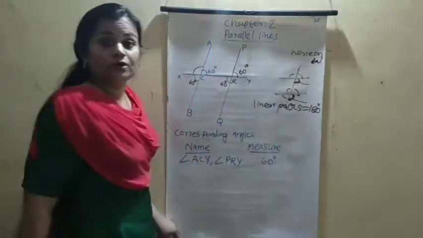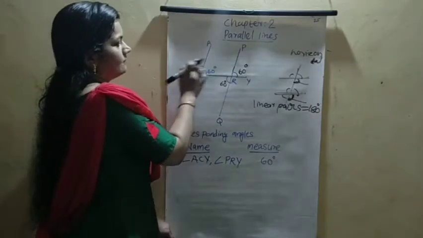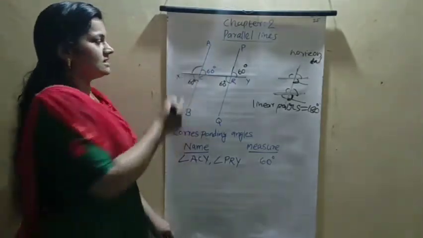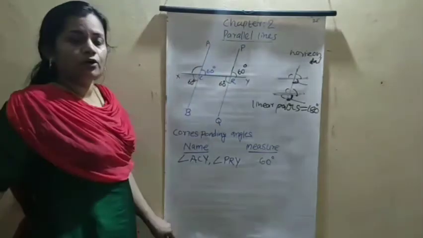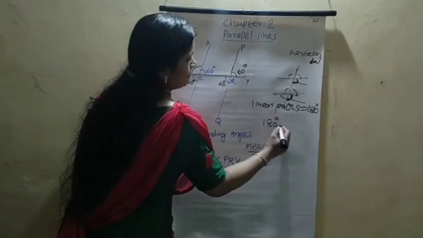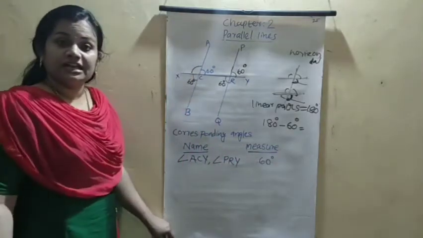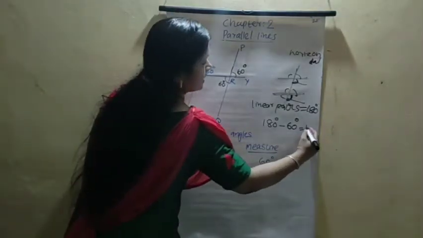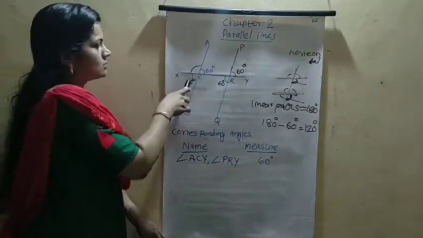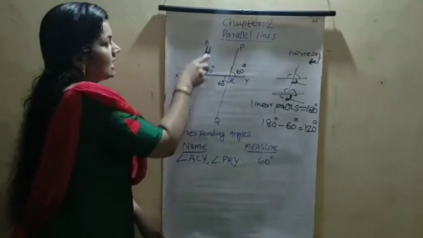So to find angle XCA we do 180 degrees minus 60 degrees, and we get 120 degrees. Understood? Opposite angles are equal, and these are linear pairs.